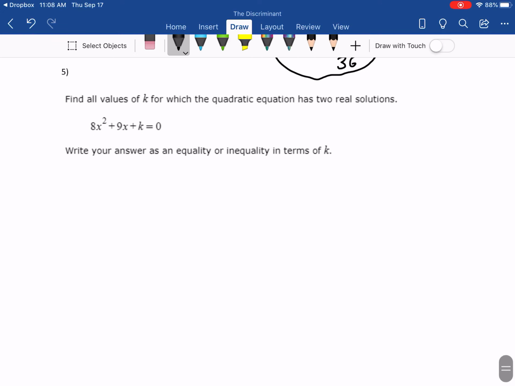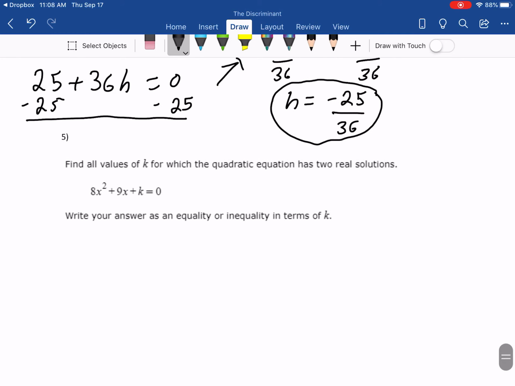And the last question, two real solutions, which means the discriminant is positive or greater than 0. So we want b squared minus 4ac to be positive.